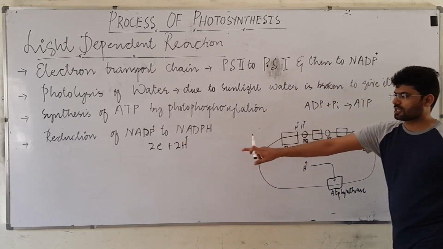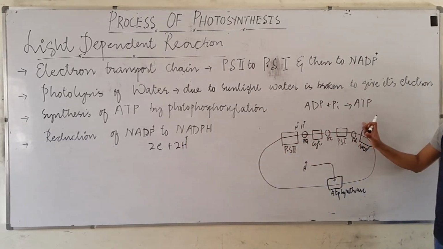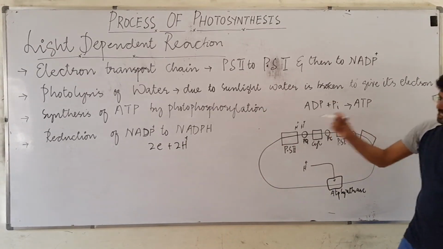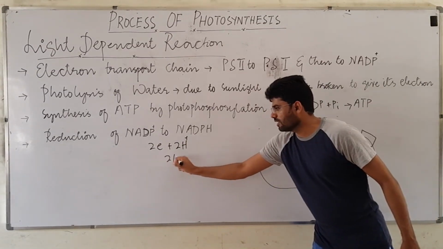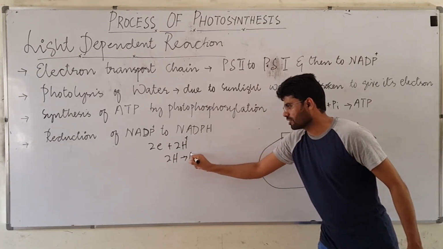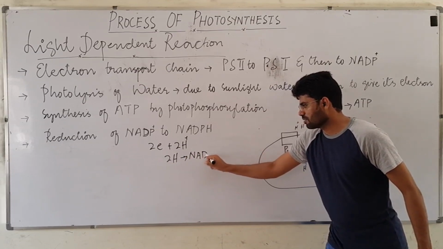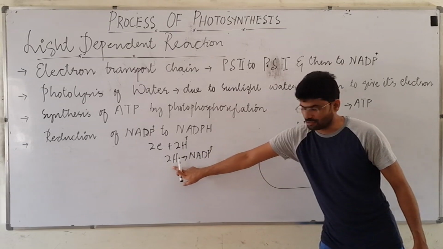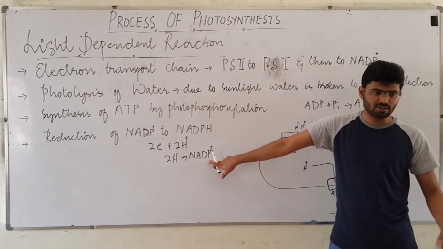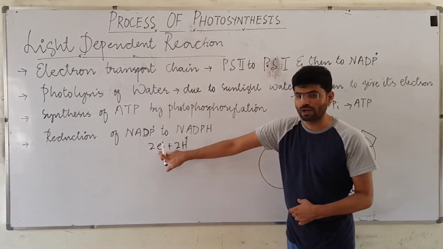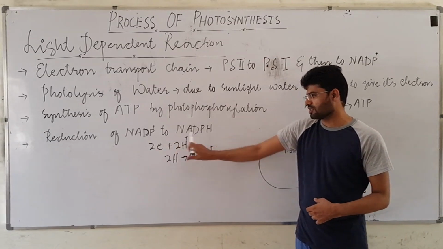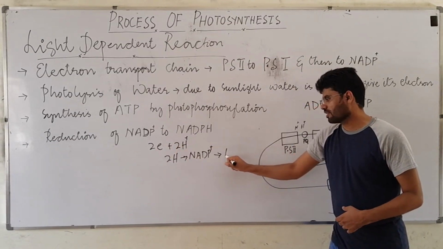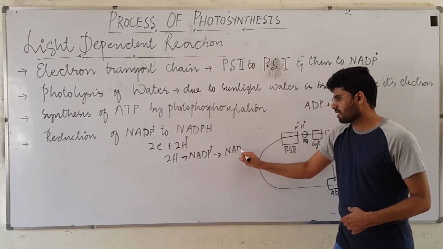From where are these 2 protons coming? They are also coming from the stroma. So collectively 2 hydrogen atoms are given to NADP plus. From these, NADP plus only uses the 2 electrons and 1 proton to make itself NADPH.